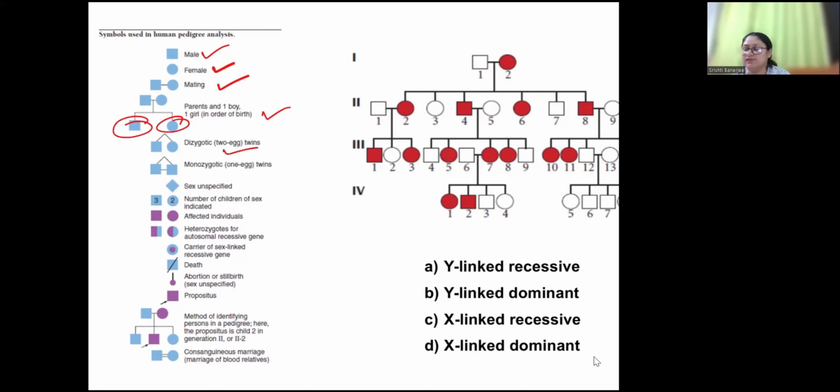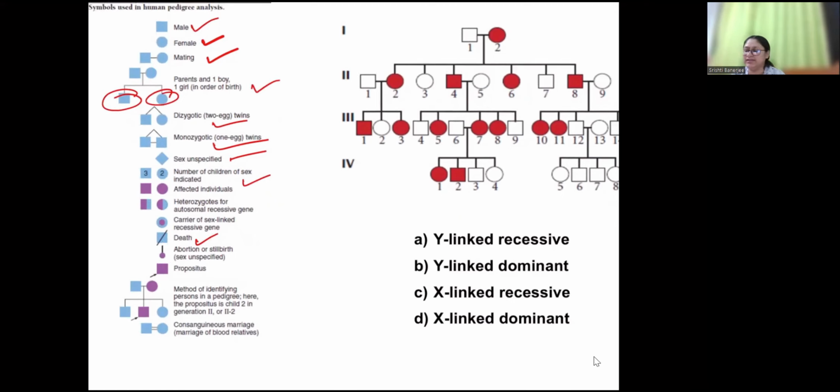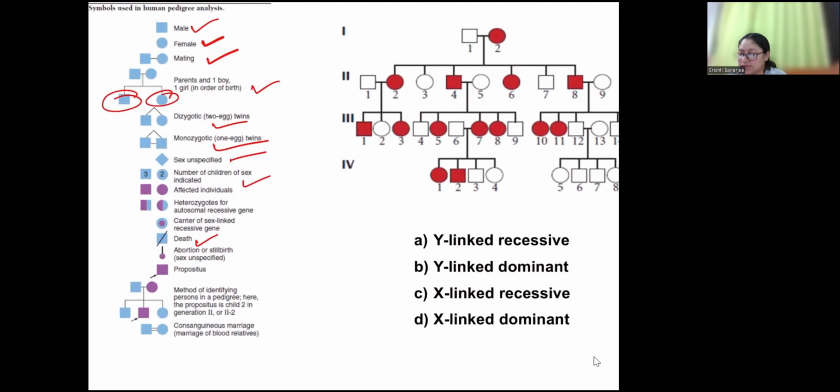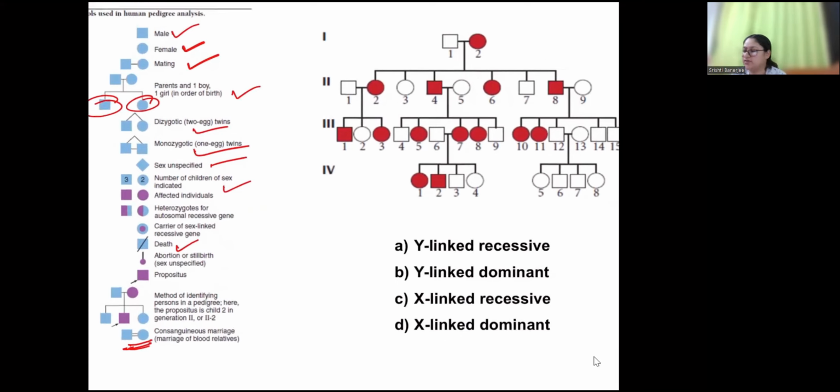Then if they're twins, we mention it like that. If they're monozygotic, the sex is unspecified, then number of children, affected, death, and these are more things. And if we do a consanguineous marriage, that is within blood relatives, many times we'll have this also. Rest things are less common.